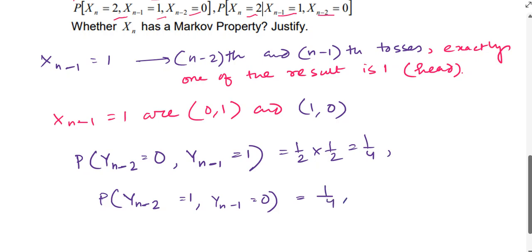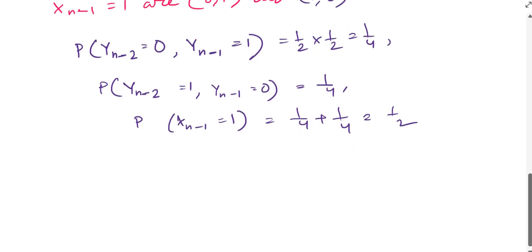So therefore probability of xn minus 1 equals 1 is 1 by 4 plus 1 by 4, that is 1 by 2.